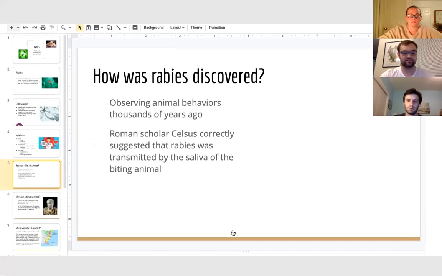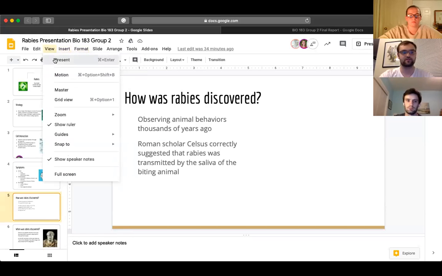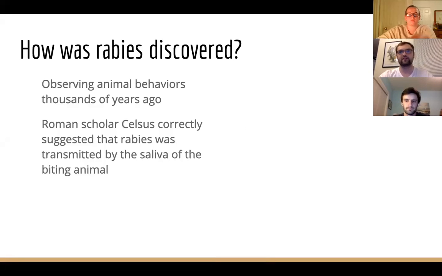So we'll start to talk about the history of rabies. There was no first discovery of rabies that has actually been written, but rather people began to observe animal behavior thousands of years ago.